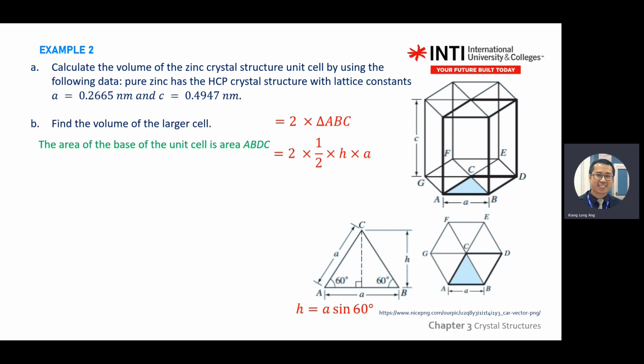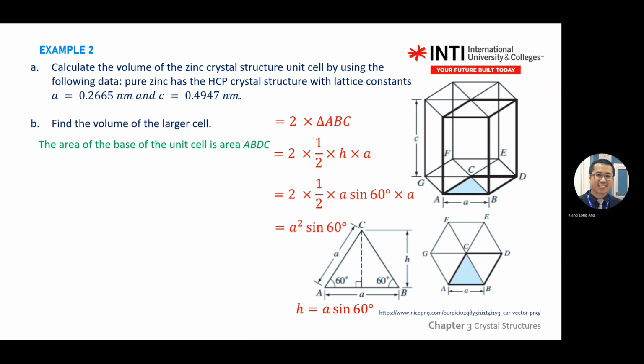We can use either A or H. In this case we remove H, because in the question there is no H. Substitute H, and you get A squared sine 60 equal to the area of the base.